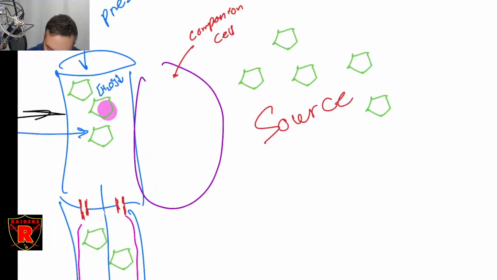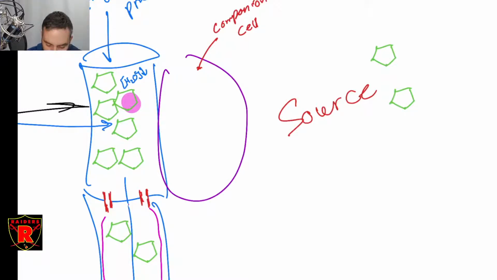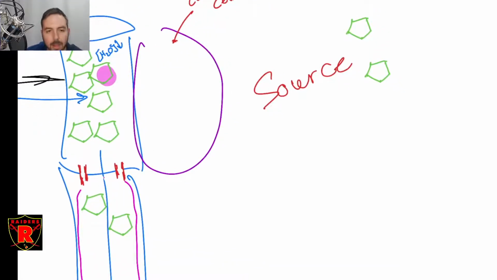So the companion cell, or the sieve tube element, is pumping sugar in from the source. So that is happening. There is pumping happening, and that's the active process.